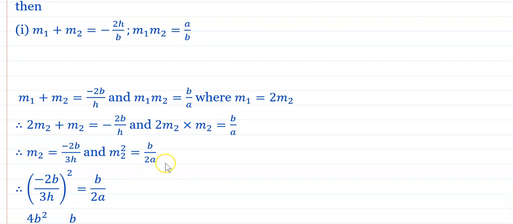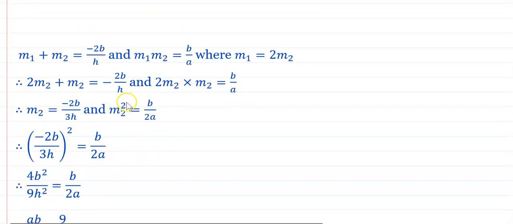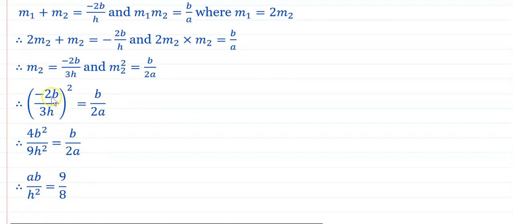Now substitute the values. Substitute the value of m2, minus 2b upon 3h, in brackets squared, is equal to the product. Simplify, and then you will get 4b square upon 9h square is equal to b upon 2a.